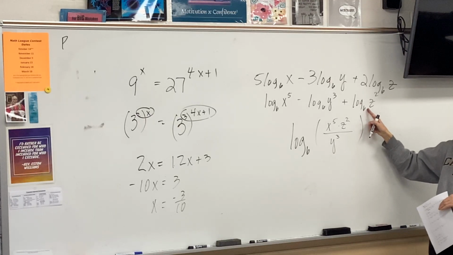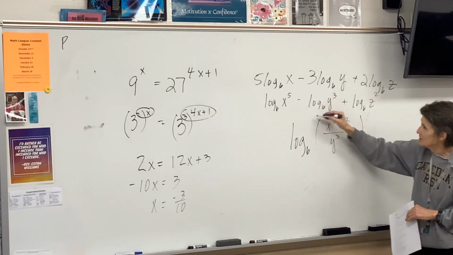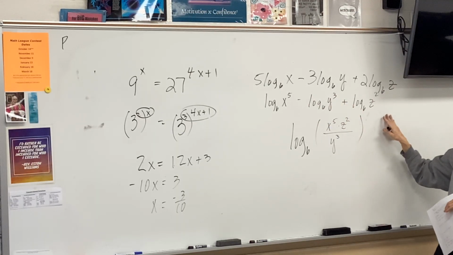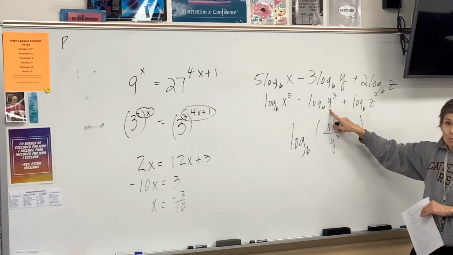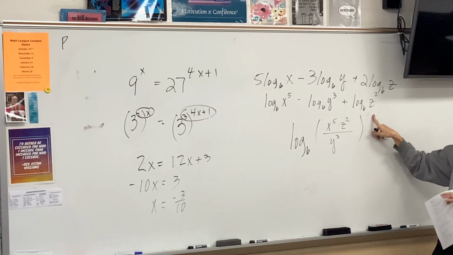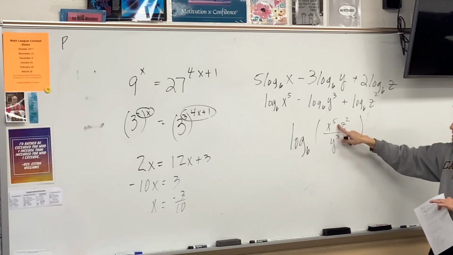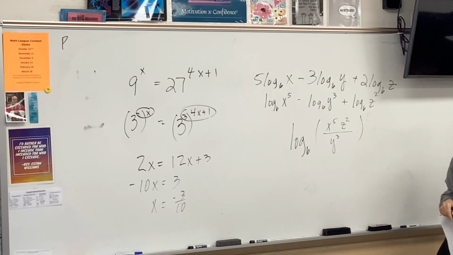The only way he would go to the denominator is if this were in parentheses and you were subtracting the whole thing. You're not. You're subtracting the y, but you're adding the z. So the x and the z are multiplied, and the y is divided. And there it is. That's the answer. You have taken this big long thing, and you've written it as one logarithm.